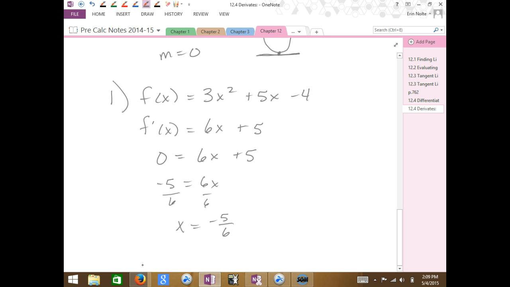Exactly, if you're trying to find the point. So they're going to ask you to find a critical point. All you have to do is list the x value of that min or max. Once we get a little bit further in this, I'll be able to show you which one is a min or max. We'll go through that a little bit later, but right now I just want you to decide where the min or max is.